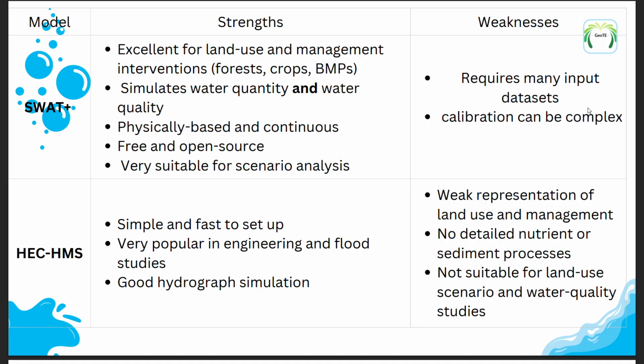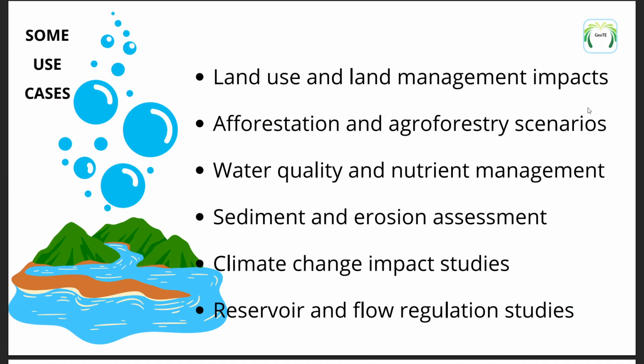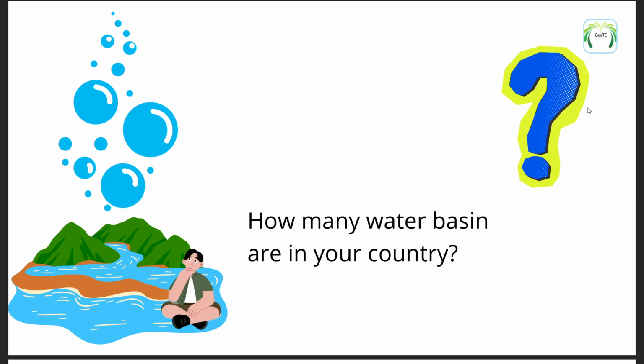We also learned about its usefulness, one of which is that it's free and open source, so anyone can use it. Here are some use cases of SWAT. It can be used in water quality and nutrients management, and climate change impact studies as well.